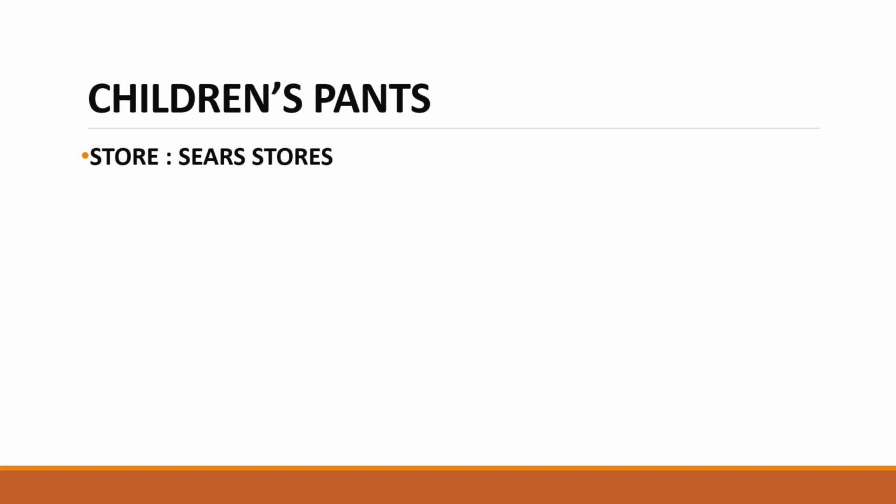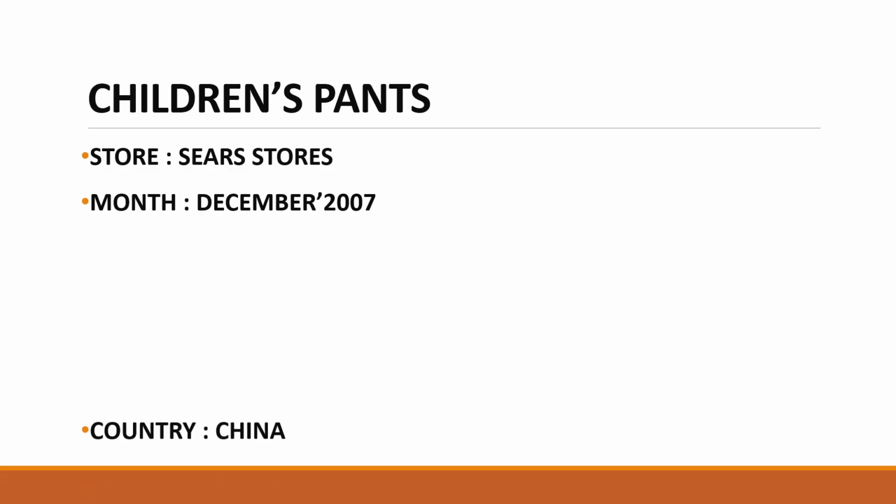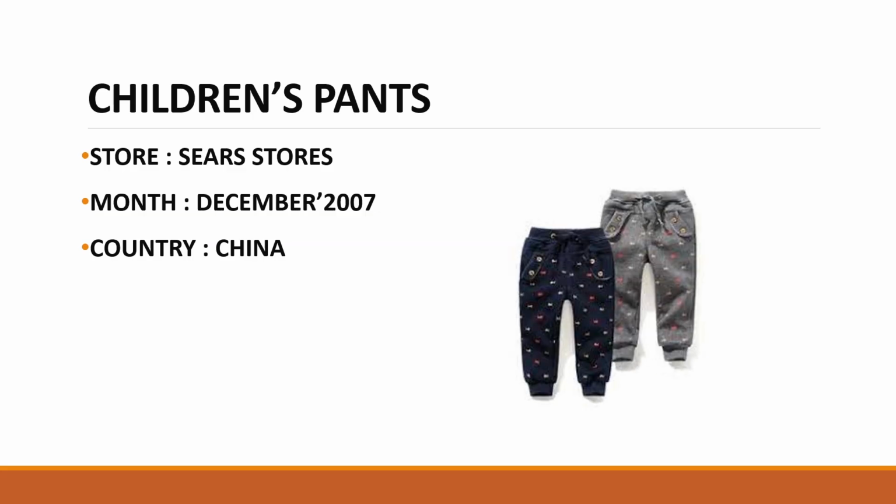The store responsible for this case was Sears Stores, it happened in December 2007, and the country was China. So this is one of the examples of children's pants recall in the world.